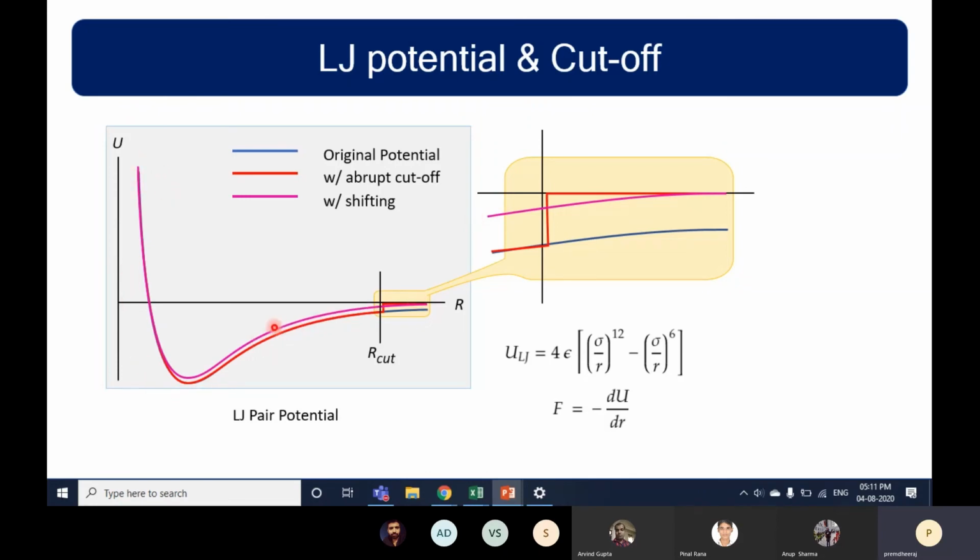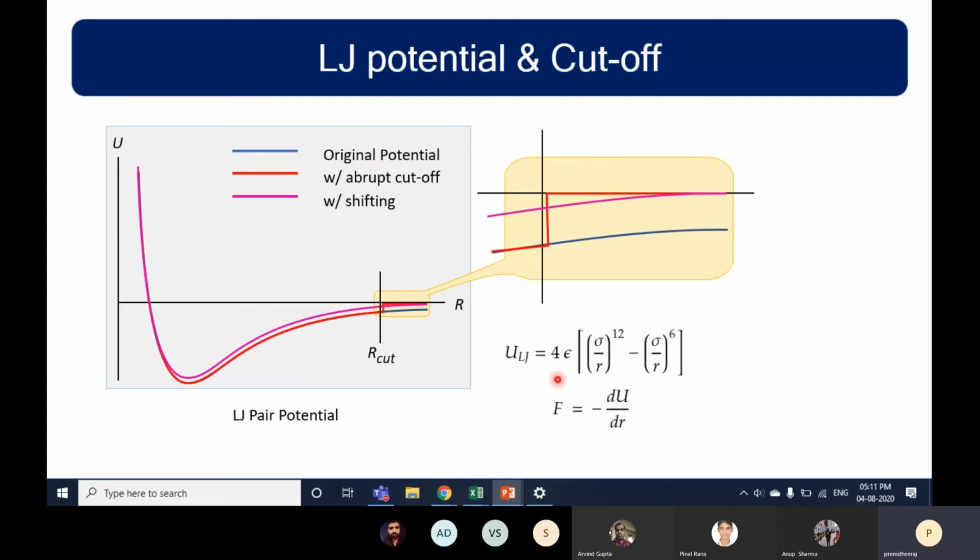The curve is smooth and the original behavior of the curve is also there, but the possible source of error in this particular scheme is the well depth. We have compromised on this parameter. If epsilon is the well depth, we are compromising on this parameter, because of which every force calculation that we make throughout this range is not going to be the same as that of the original potential.